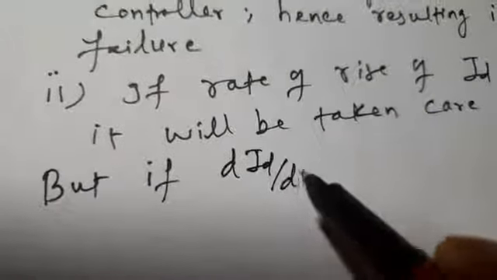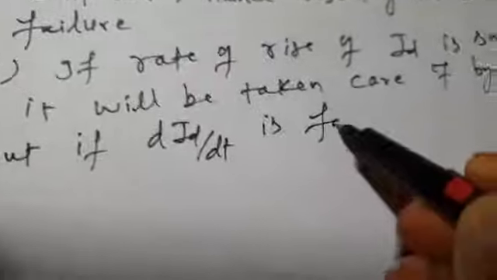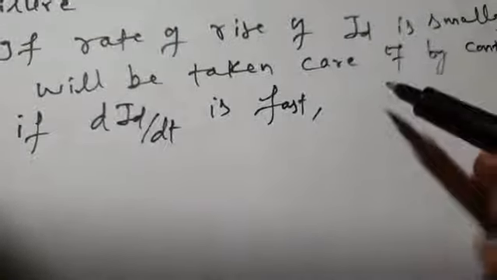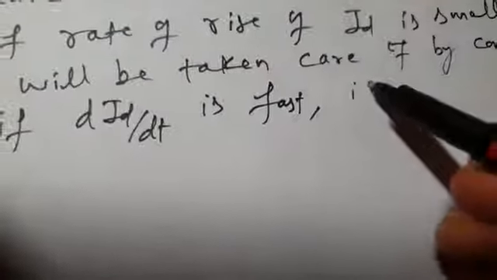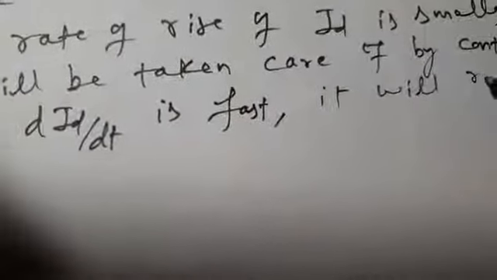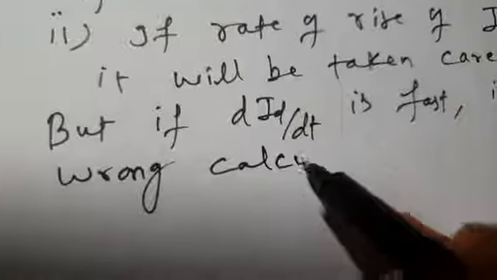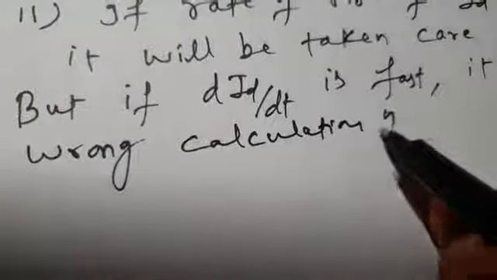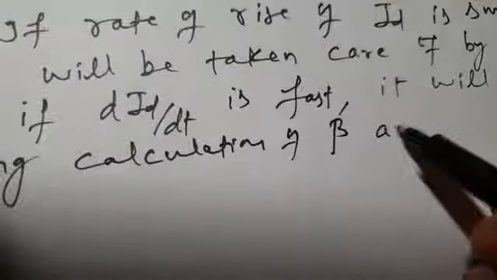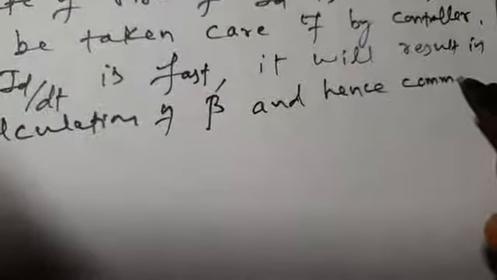Okay, but if dID by dt, that is the rate of rise of current, is fast, it will result in wrong calculation of beta. Again, wrong calculation of beta, and hence commutation failure will occur. When beta is calculated wrongly, commutation failure will occur.